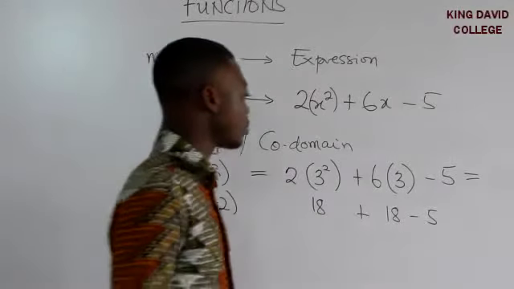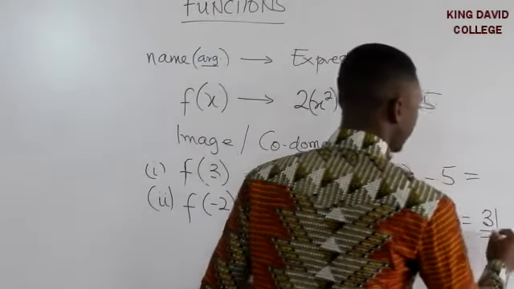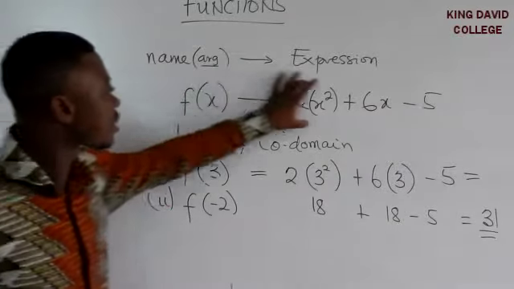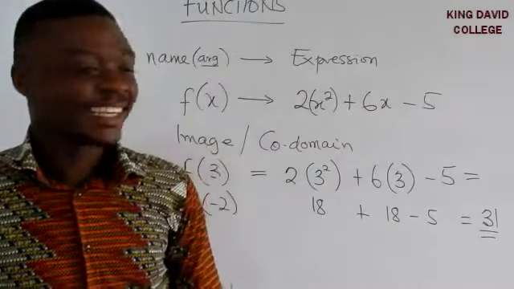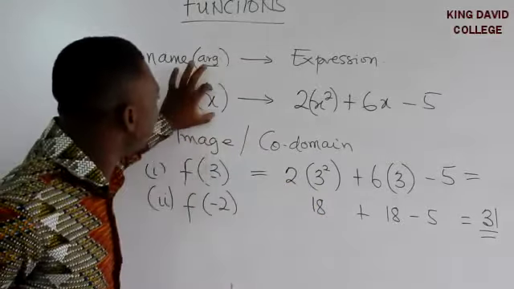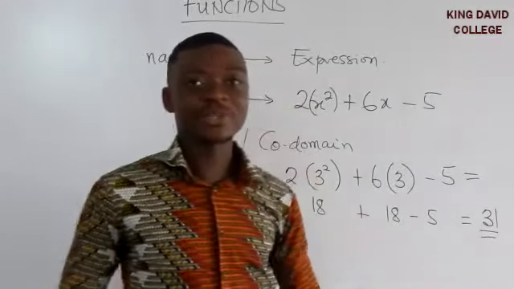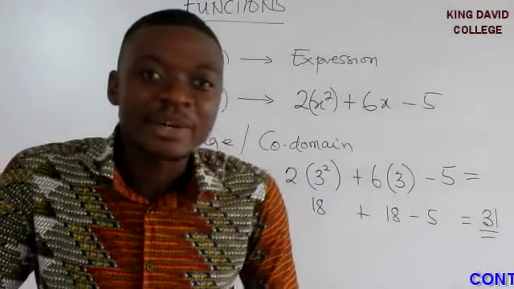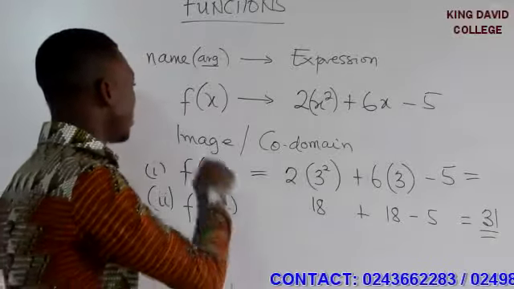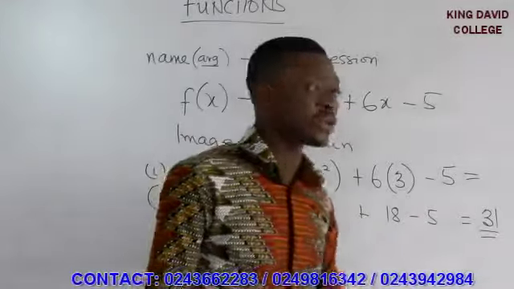So when you add the 18, you are going to have 31. So that means that the image of 3 under this quadratic function is just going to be 31. Or the codomain, when the domain is 3, is just going to be 31. So either way, however the question is put, it's just a matter of substituting whatever input you are given into the required function to get your output.